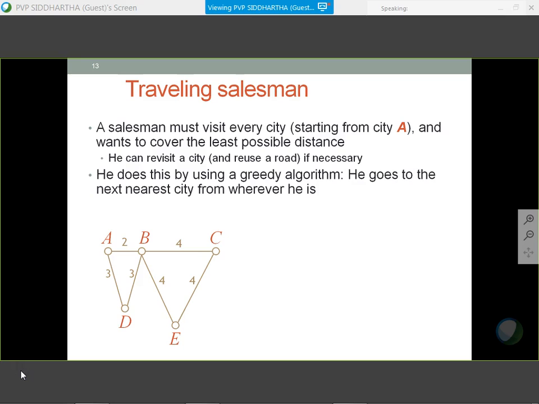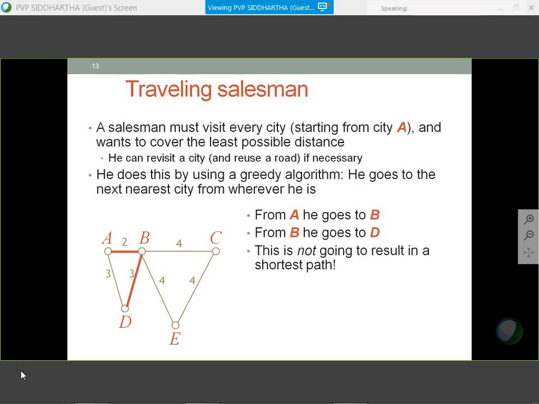Continue. See, B to D. Then what happens? See that?